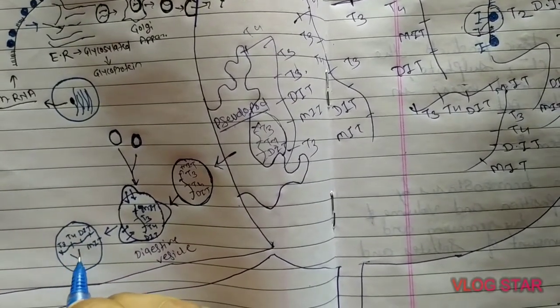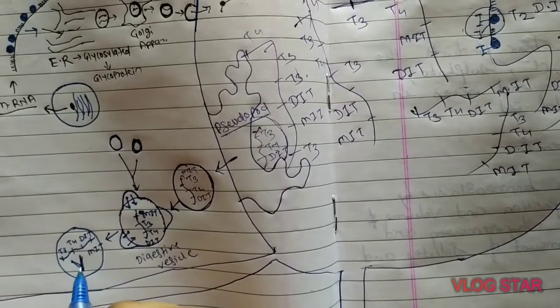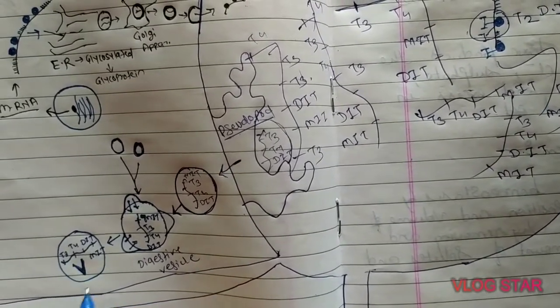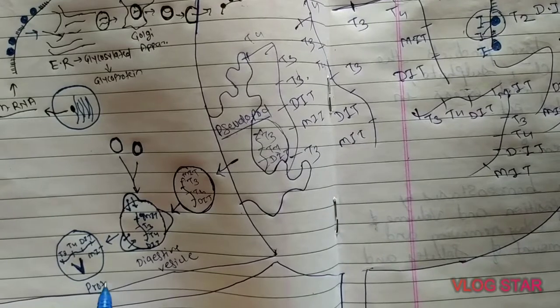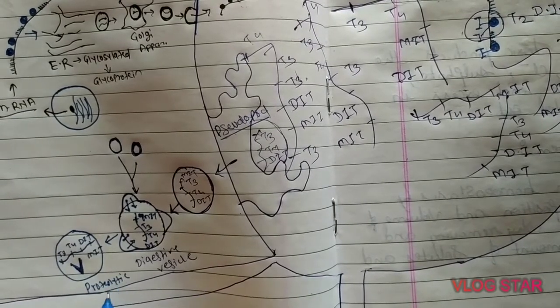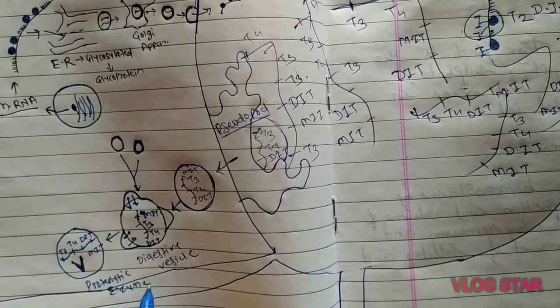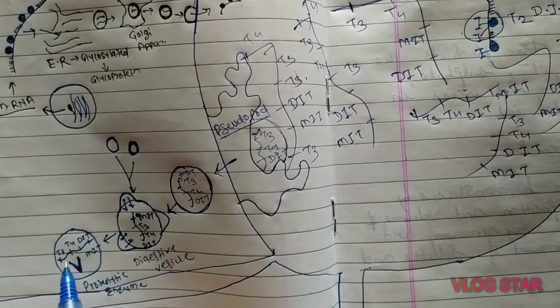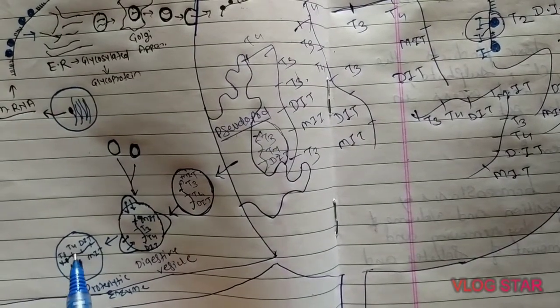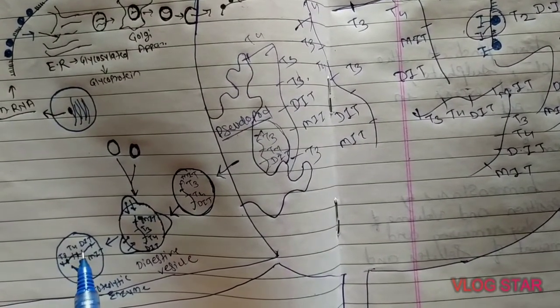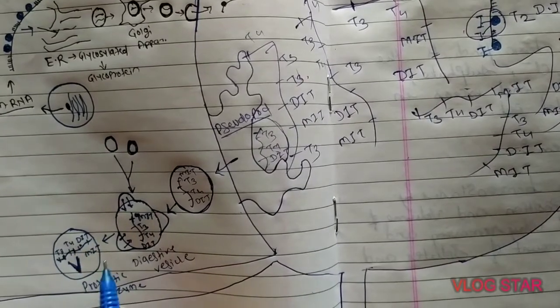Further, there is one enzyme. Suppose this is one enzyme, that is a proteolytic enzyme. So this proteolytic enzyme cuts the pieces of the T3, T4, diiodotyrosine and monoiodotyrosine.